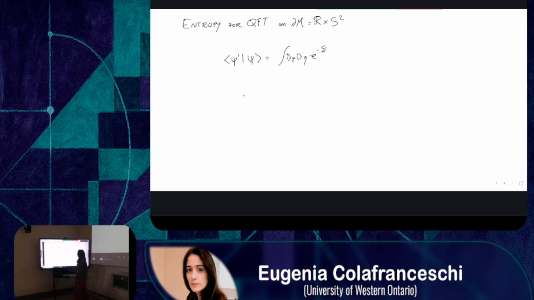So in particular, when we fix the initial and final state in this path integral, we are summing over all configurations which have this as a starting point and this as a final point. Now, something you can do is to not specify the final state.